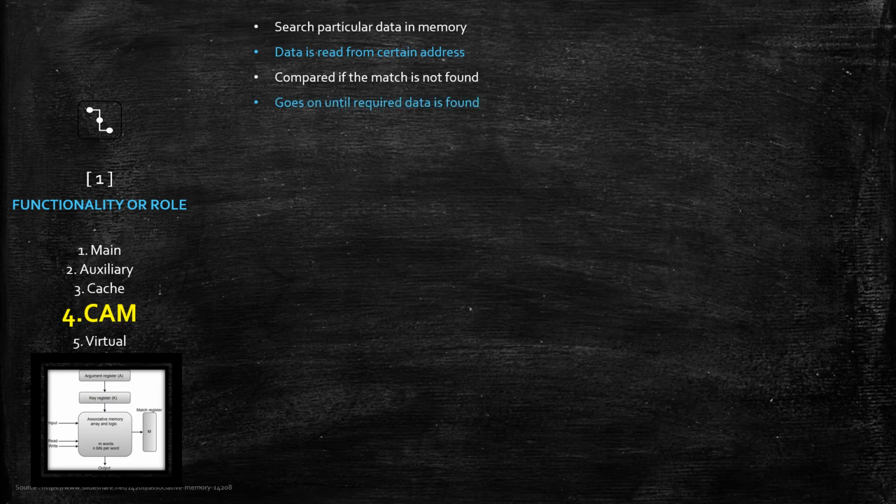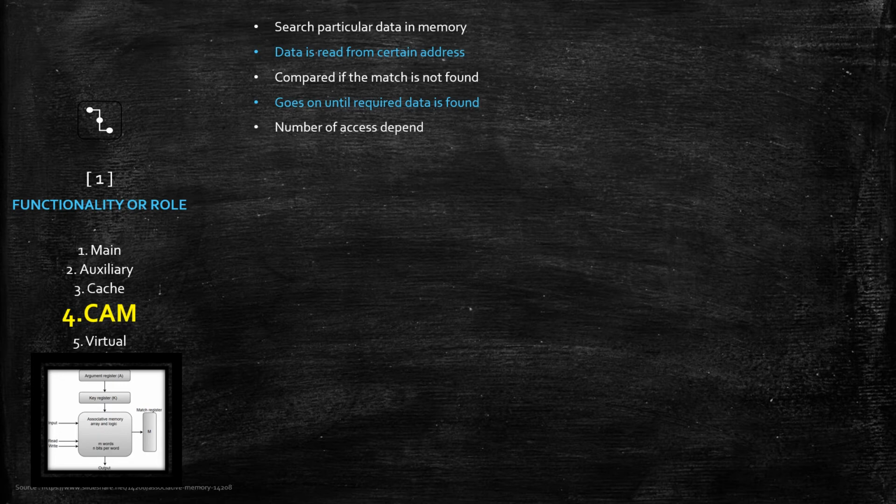Of course, if we are looking for something, until we get that required data we keep on searching and searching. But the question is about the number of accesses: how many times will it access the memory locations, right?